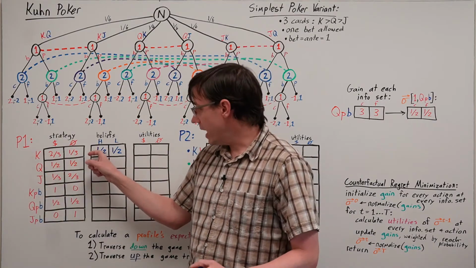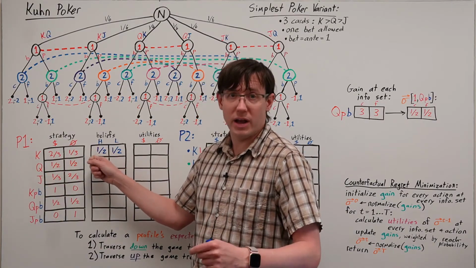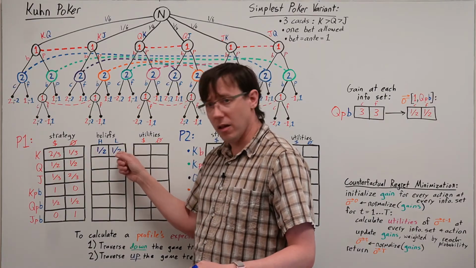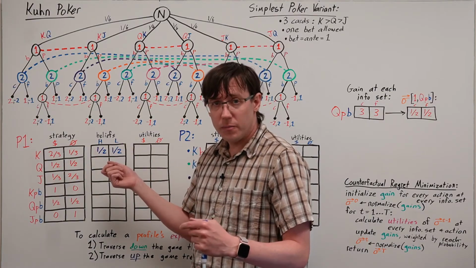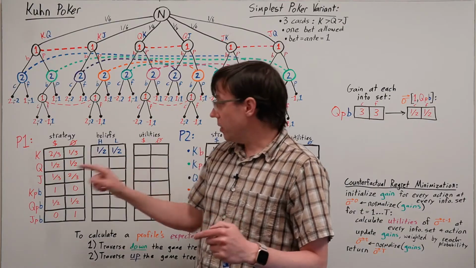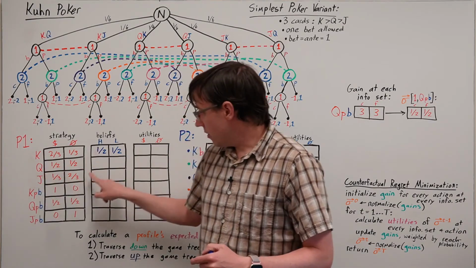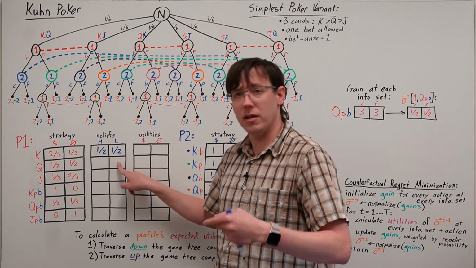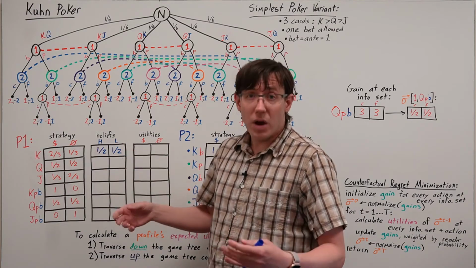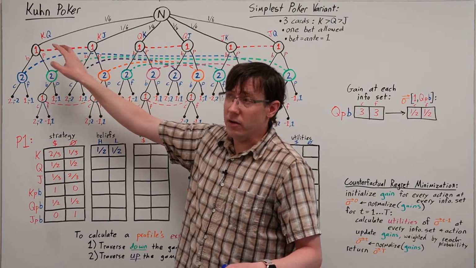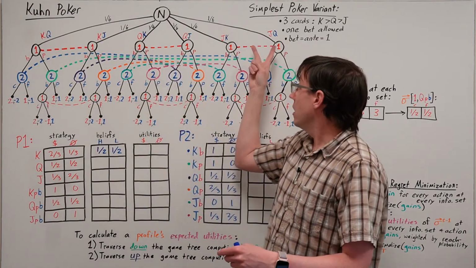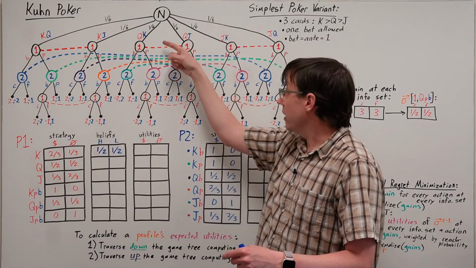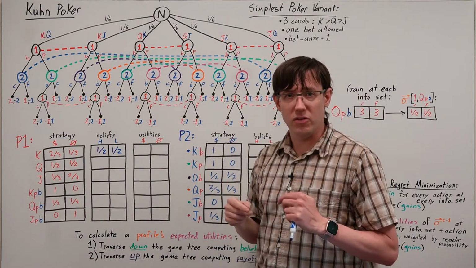So here, H means that the opponent has a queen, and L means that they have a jack. Whereas, if player 1 has a queen, then this column means player 2 has a king, and this column means they have a jack. But just like at this information set, there's an equal probability of each of the states in player 1's other two initial information sets.